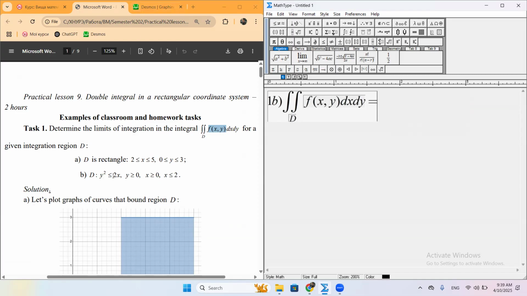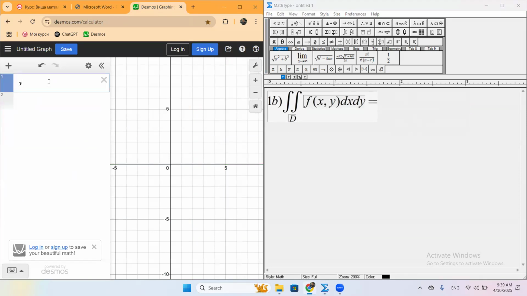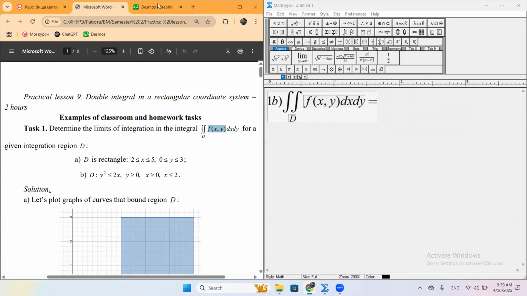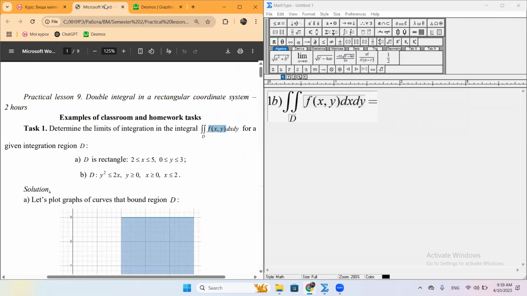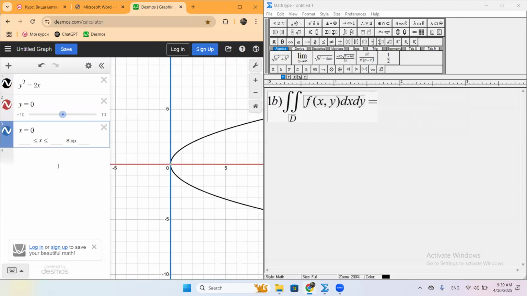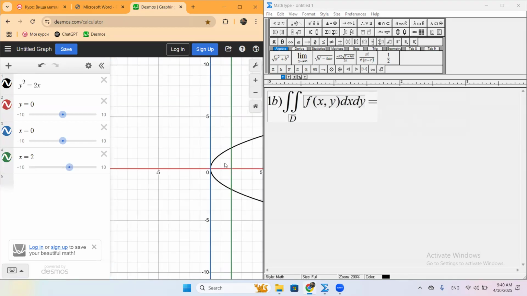We have a parabola, y squared equals x, then y equals 0, x equals 0, and x equals 2. So we have the following region.